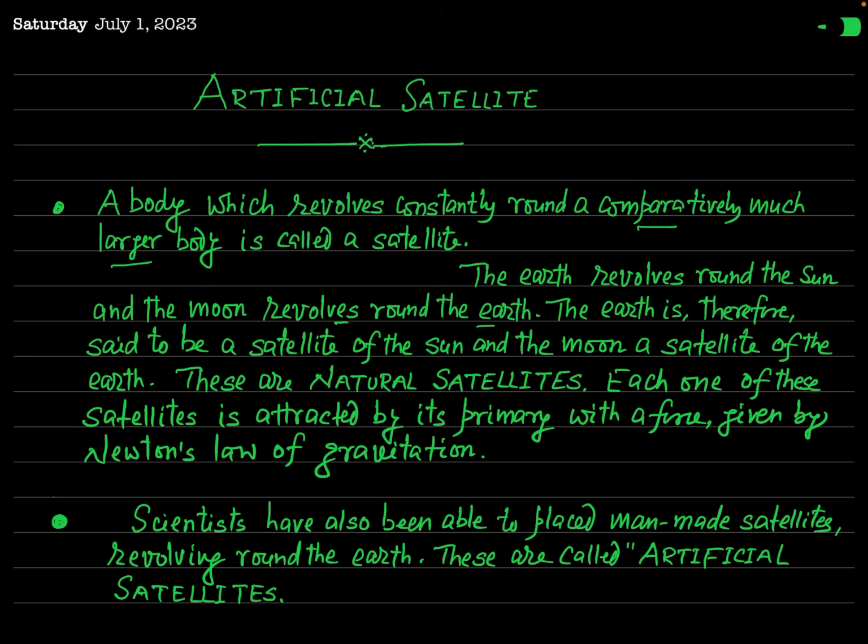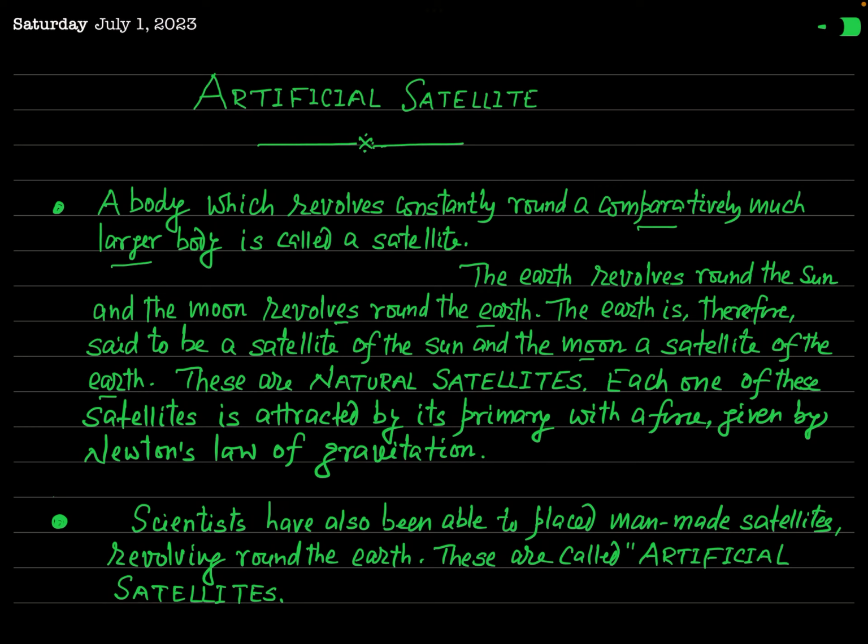So since earth is revolving around the sun, in this sense we can say that earth is a satellite of the sun. And since moon revolves around the earth and earth is very massive in comparison to the moon, you can say that moon is a satellite of the earth. So all planets can be treated like satellites revolving around the sun, and all the moons which revolve around the different planets like earth, Jupiter, Saturn, are actually satellites.